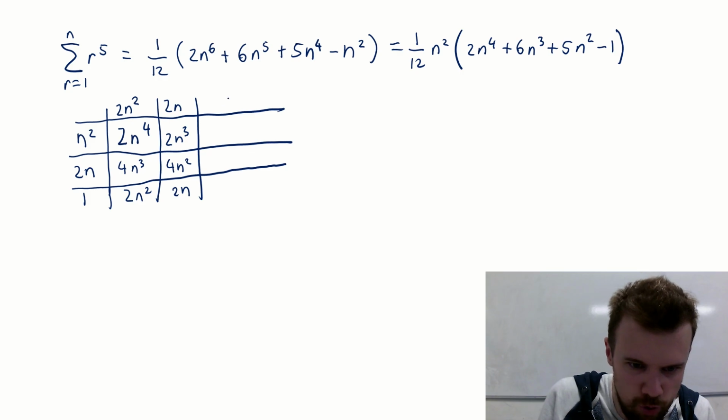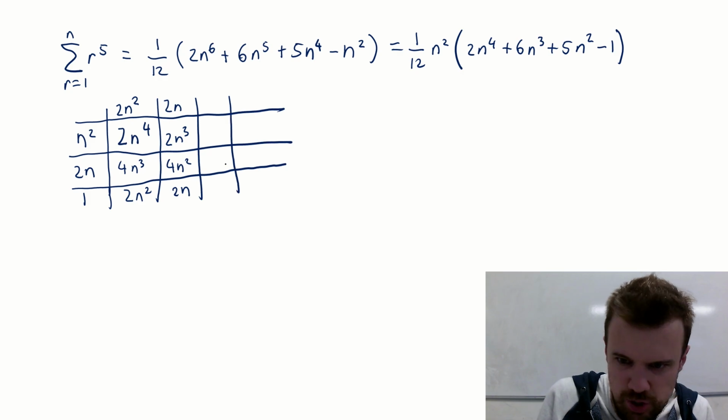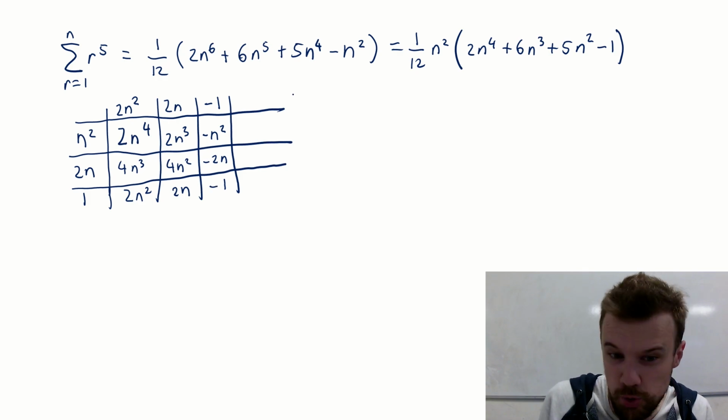And therefore it means we now need how many n squareds in total? 5. We've already got 6, so we need a minus n squared. So therefore that means we have a minus 1, and minus 1 will get a minus 2n, which is good because we've got 2n minus 2n, which will get no n's, which we want overall, and minus 1 times 1 is minus 1, which is also what we want.